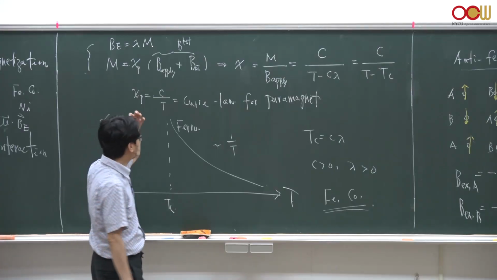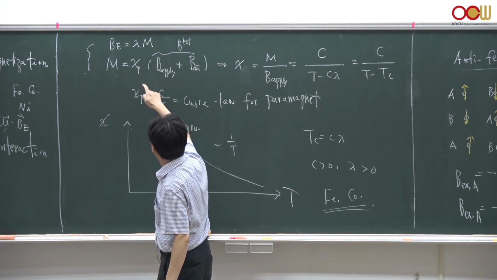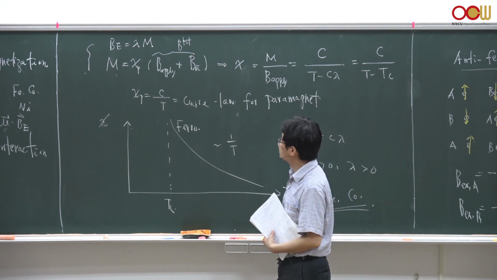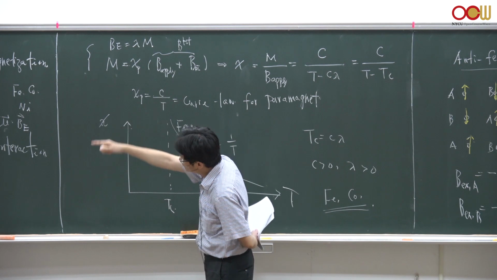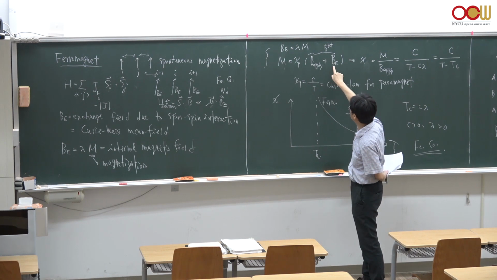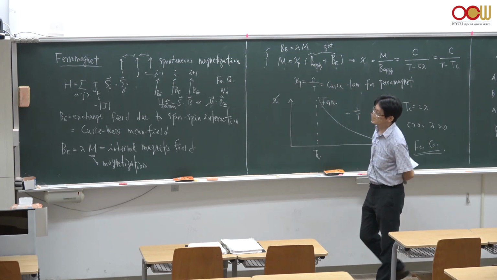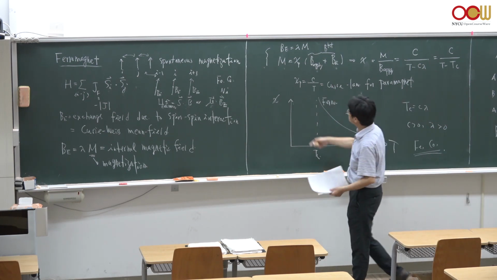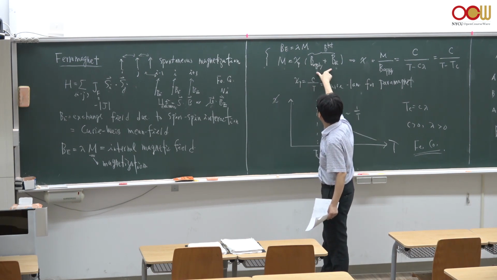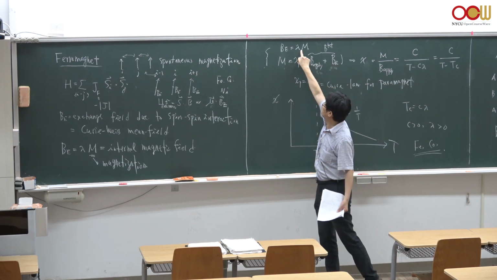So again, at high temperatures, we can imagine that such a magnetization actually shows the Curie law because they have partially filled spin there. Okay, but the difference here from the paramagnetic material is that we have an internal field, effective exchange field, in addition to the applied field. So the total magnetization is a function of the total field, but the exchange field is actually linearly proportional to the magnetization.